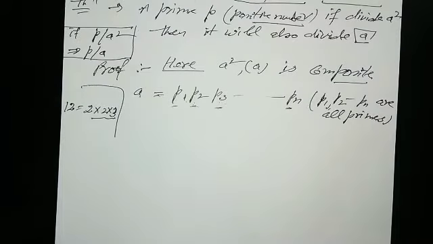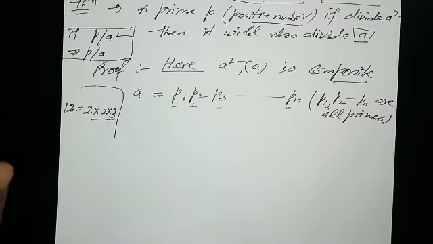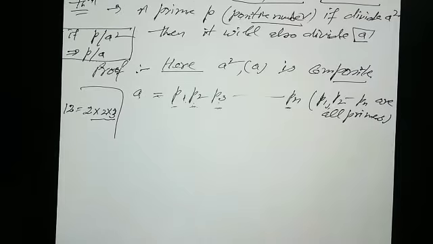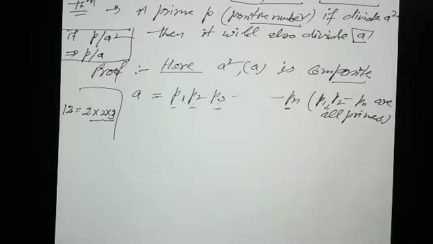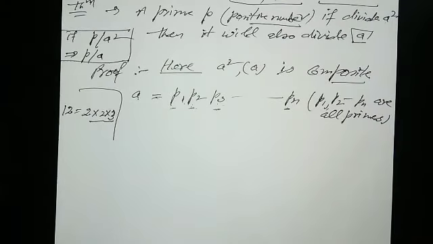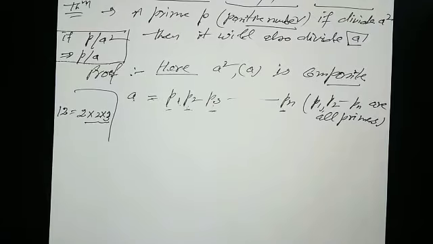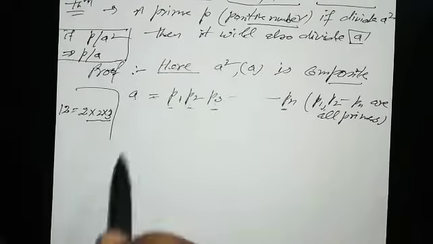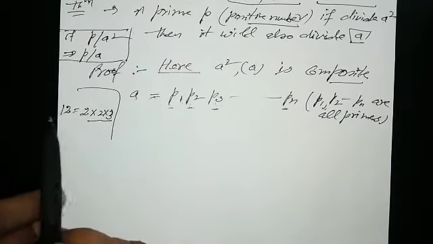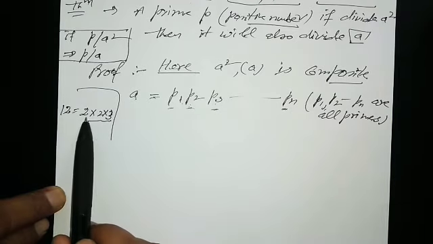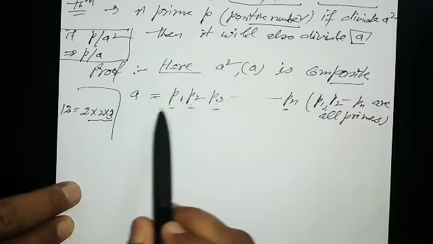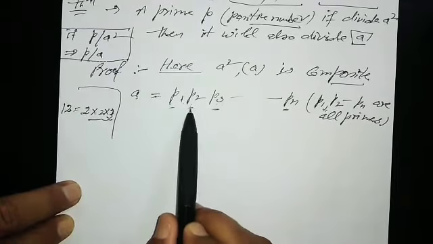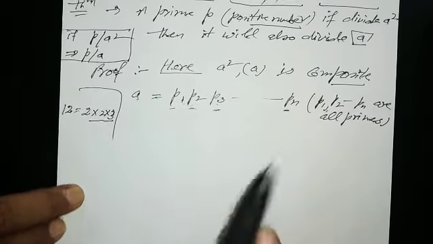This is the property of the fundamental theorem: any composite can be expressed as a product of primes. So here is a composite number, and it can be expressed as a product of these prime numbers.